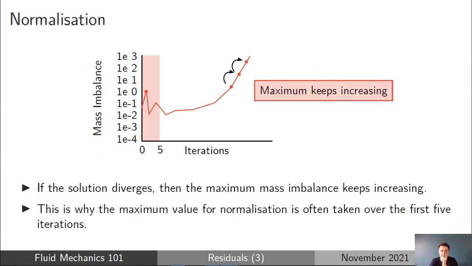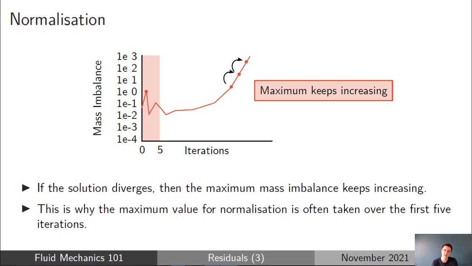If you think about this, if you had a CFD case where the solution actually diverges rather than converges and the mass imbalance increases over time, our normalized mass imbalance would keep picking a new maximum value, and we would be normalizing by a larger and larger value.